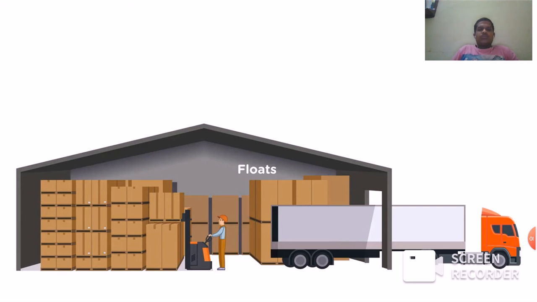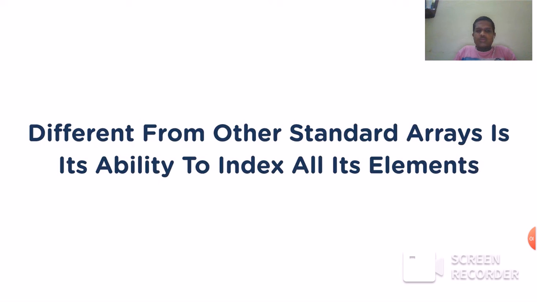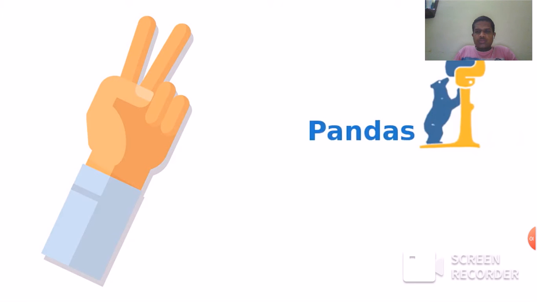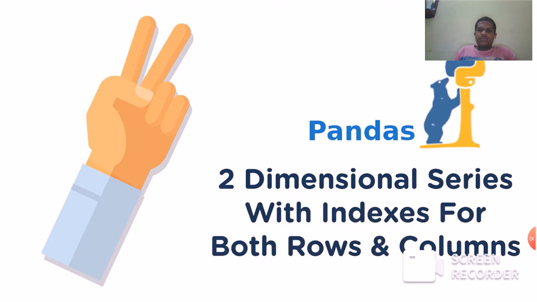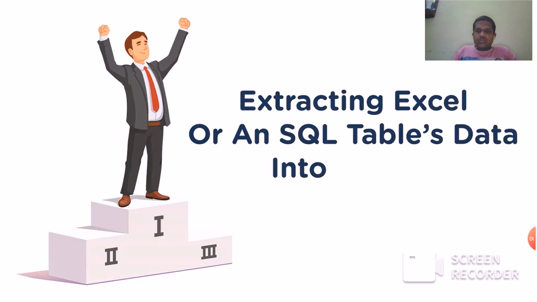Moreover, what makes it different from other standard arrays is its ability to index all its elements. The second data structure of the Pandas library is the Pandas data frame, which is a two-dimensional series with indexes for both rows and columns. It is the primary choice for extracting Excel or an SQL table's data into Python and running various operations on it.